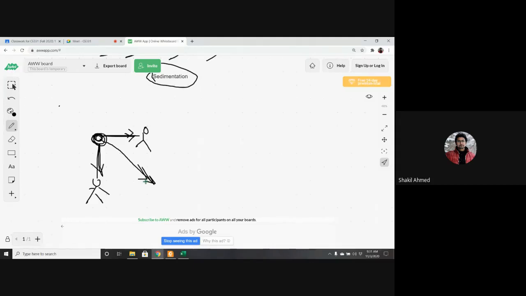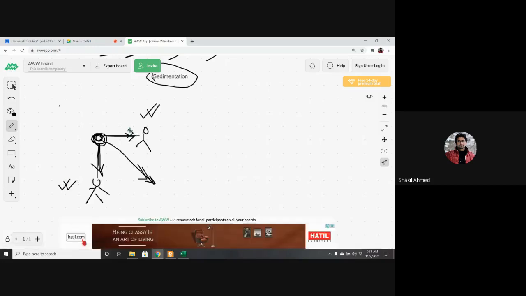Now the question is, if your friend and you are of equal strength, then the resultant will be in the middle. So this will be 45 degrees.